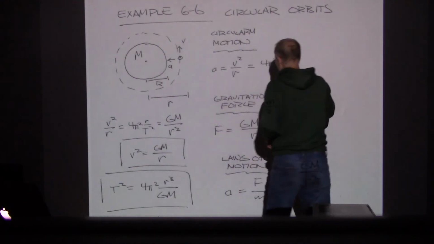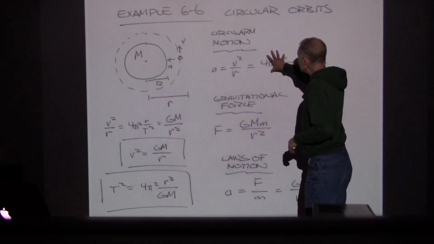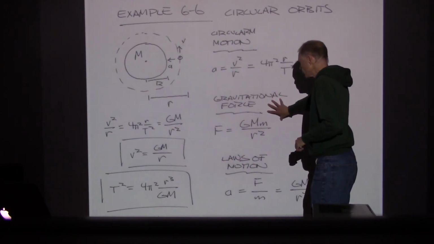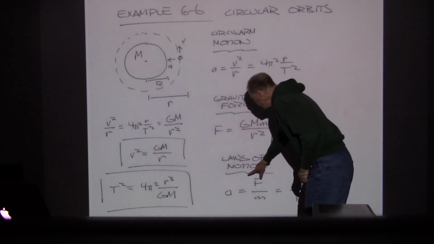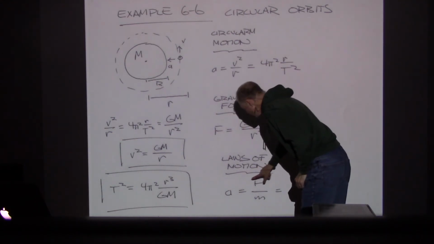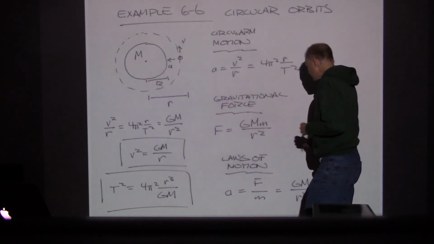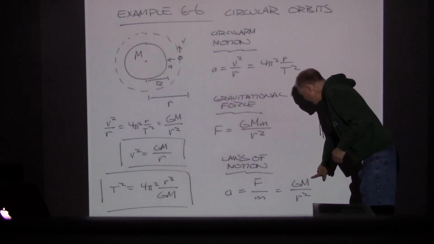To kind of fill in a couple steps there, this was the kinematics. This is the gravitational force equation. And then when we say the acceleration is force divided by m, the little m's cancel out, but the big M stays there.